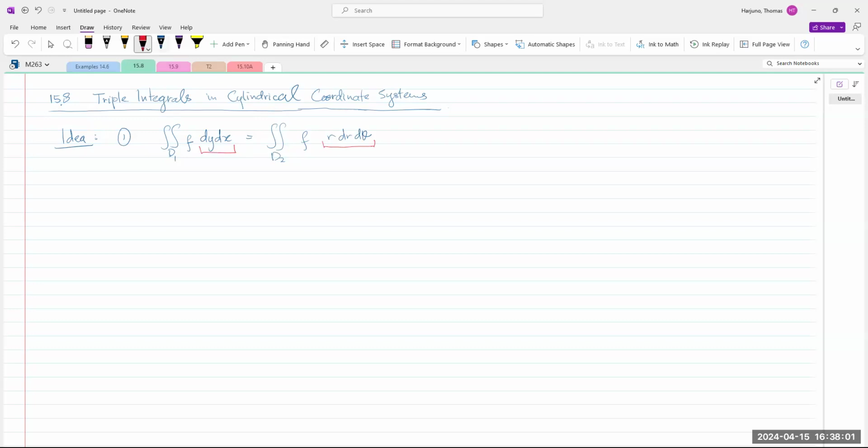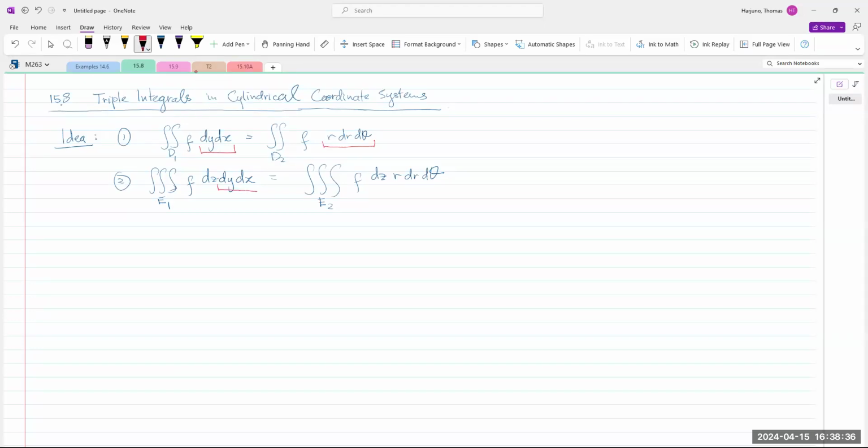Okay, now what happened in this triple integral now? It's basically the augmentation of that when we have the triple integral over a region E, let's say of f dz dy dx, for example. Then we convert the dy dx part into r dr d theta. So the idea is still the same.